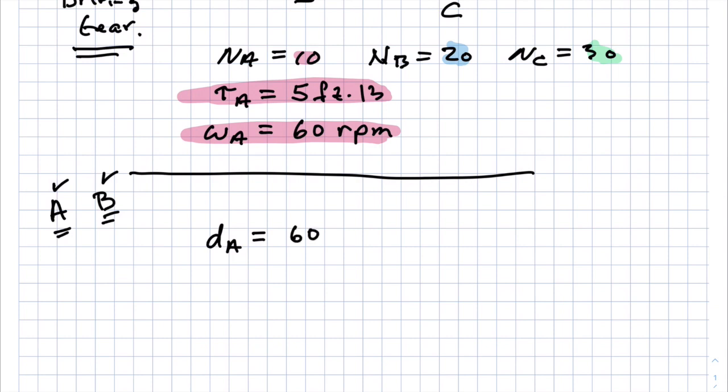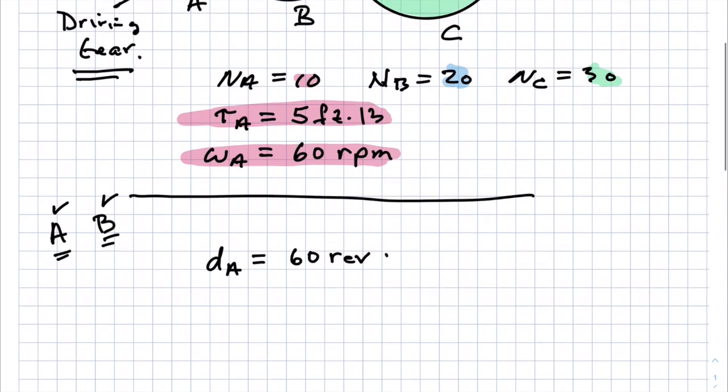If I had 60 revolutions and I multiplied by NA delta x, where delta x is the tooth length, that's the distance in each revolution. That would convert it over to a distance.